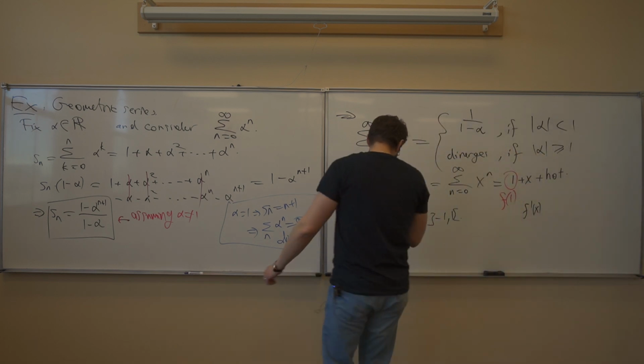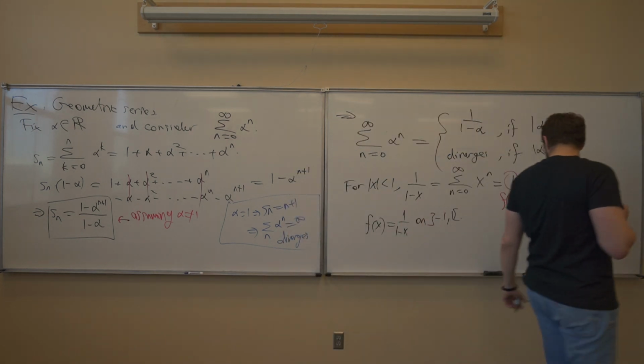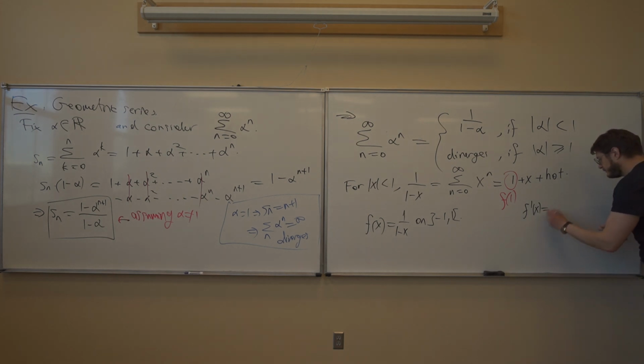Okay, so we need to compute this. It is d by dx of this guy. And if I were to differentiate this, minus this times the derivative of the guy inside, which is this.